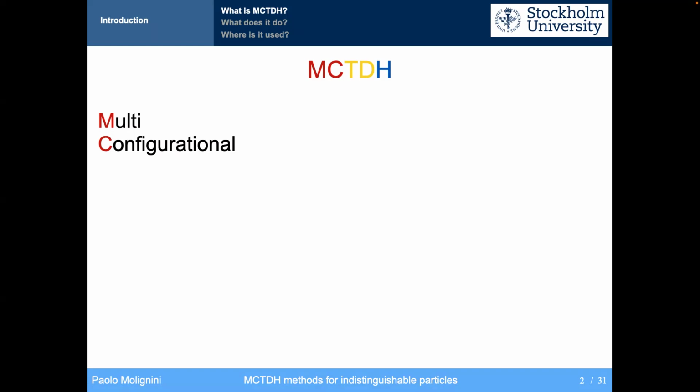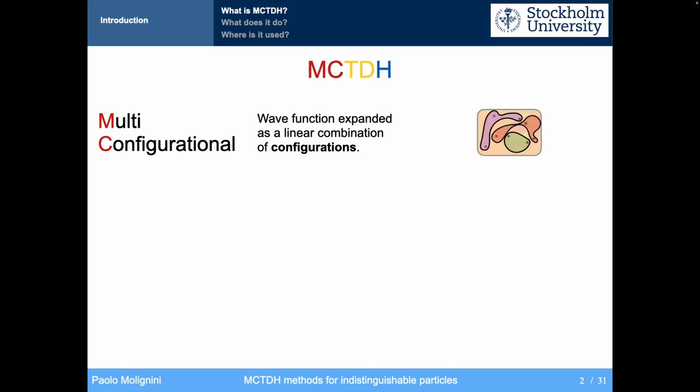So in the term MCTDH, MC stands for multi-configurational, and by that I mean that we use a set of configurations, linear combinations of configurations, to expand the wave function and to describe the problem in that way. So you can imagine a configuration as a set of a partitioning, if you want, of the wave function.